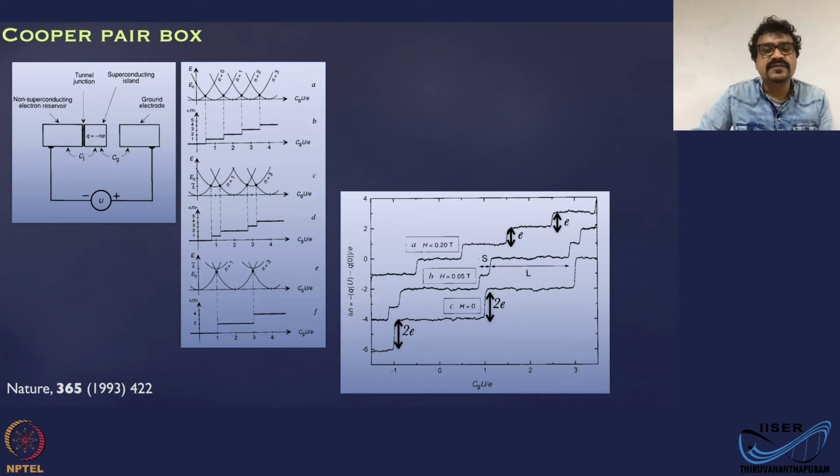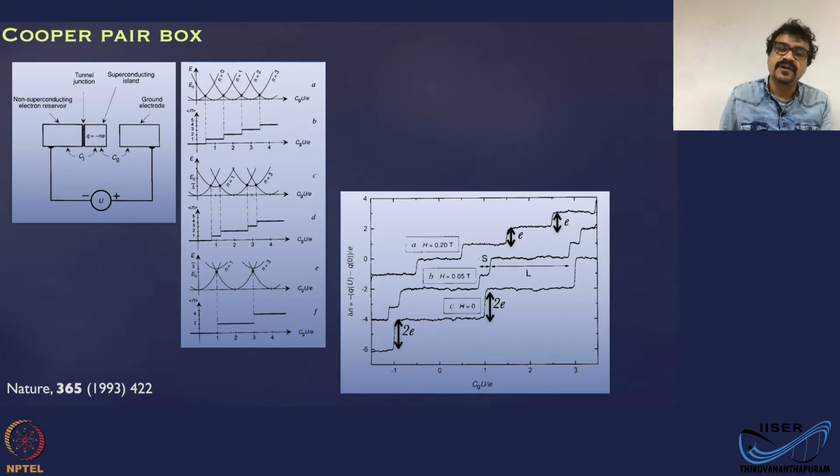What that means is, when you have Cooper pairs, the number of electrons on the island should be added 2 at a time, because the states are Cooper pair states. Those are not states for single electrons on the island. So you only add 2 electrons at a time.